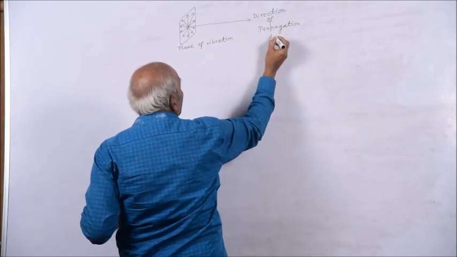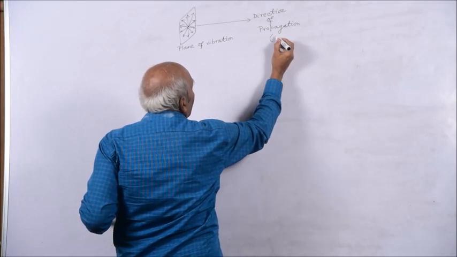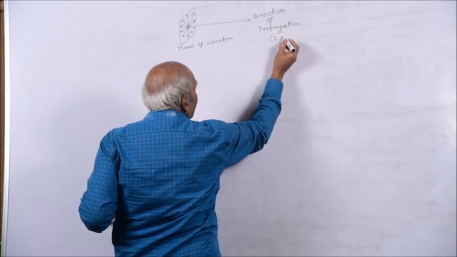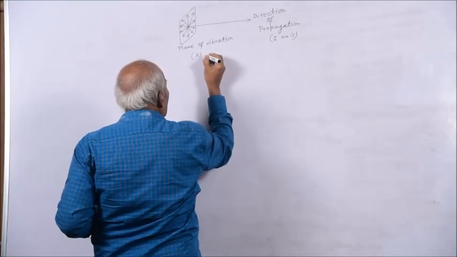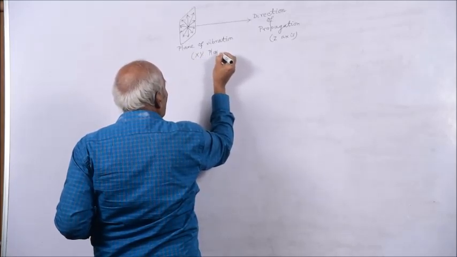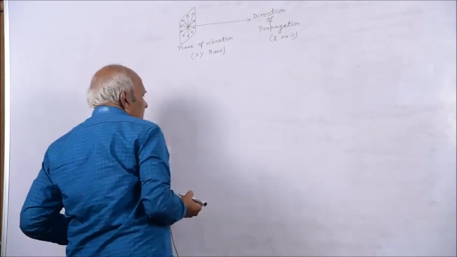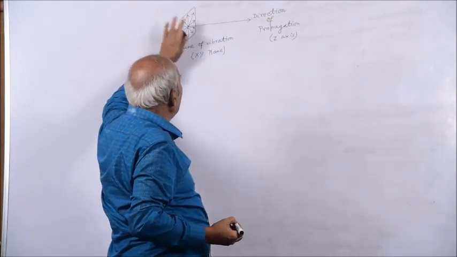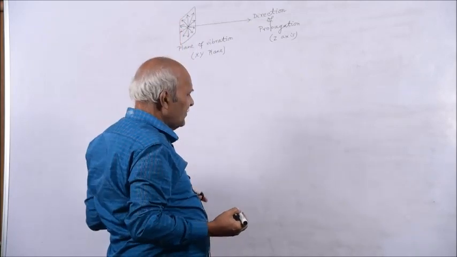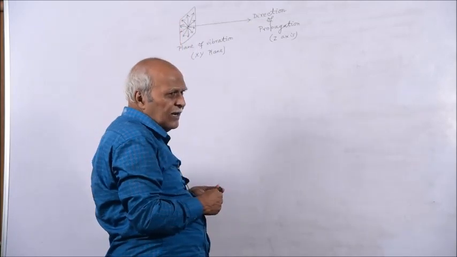Suppose direction of propagation is your say z axis, then this will be xy plane. That means ordinary light is like this. Ordinary light they have vibrations in all possible directions in a plane.